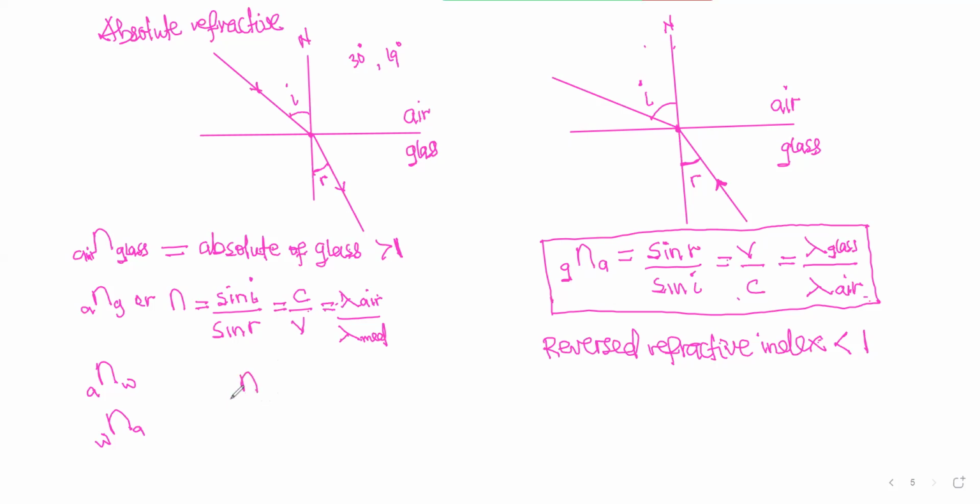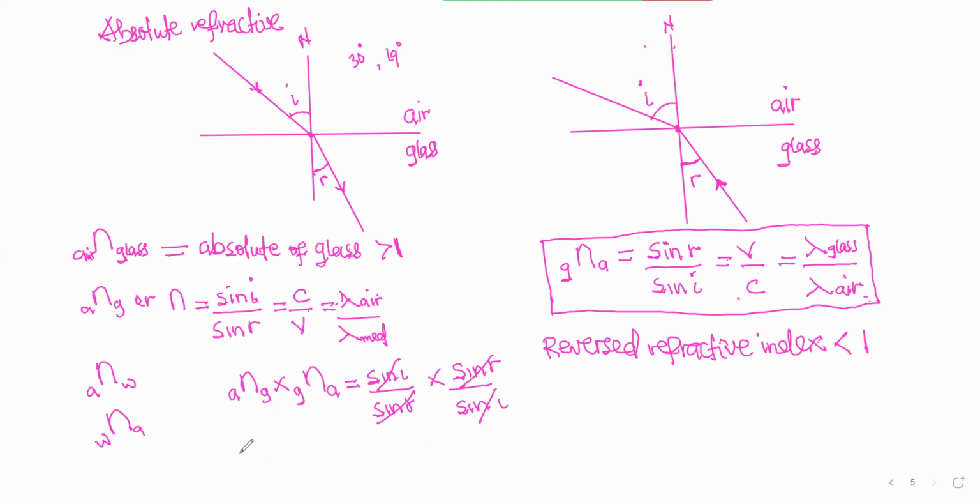The absolute refractive index of glass, air to glass, times the reverse refractive index, from glass to air, is equal to sine I over sine R, times the reverse refractive index of glass, on the other hand, which is sine R over sine I. They will cancel and the result will be equal to 1.